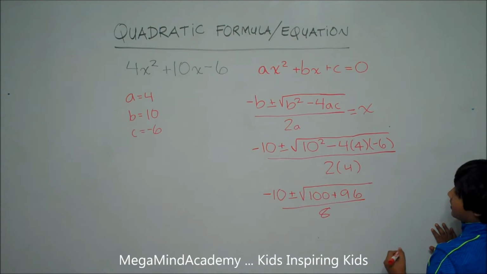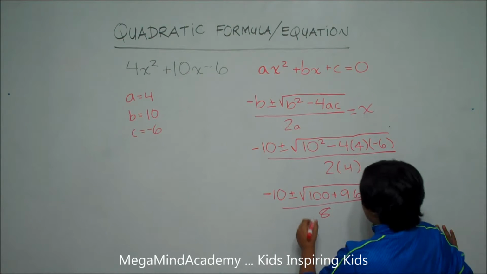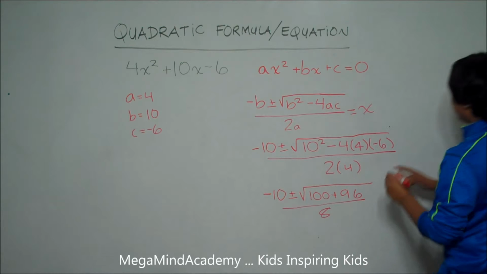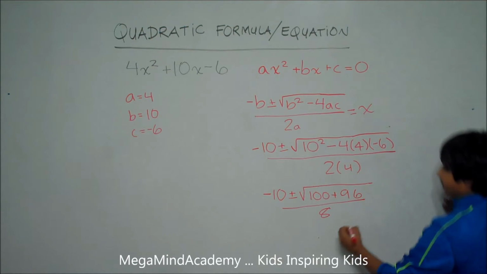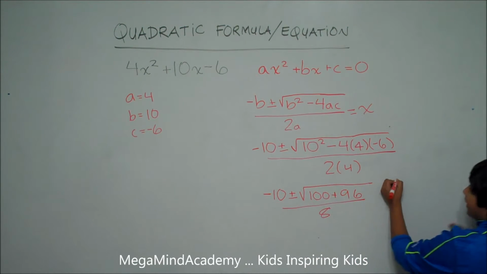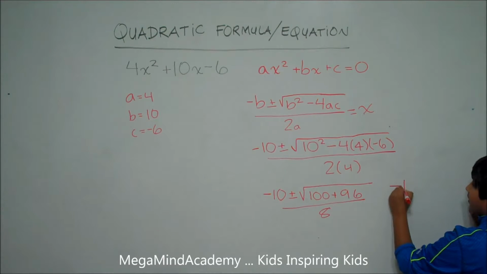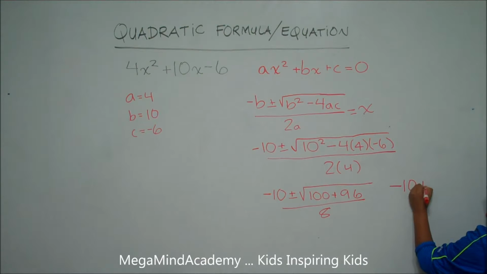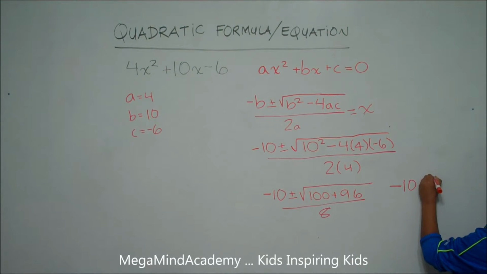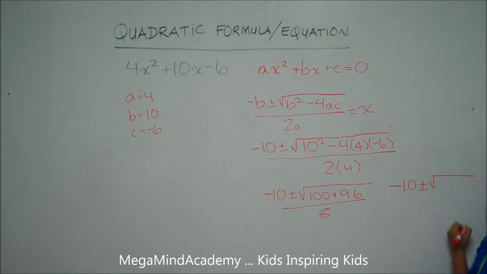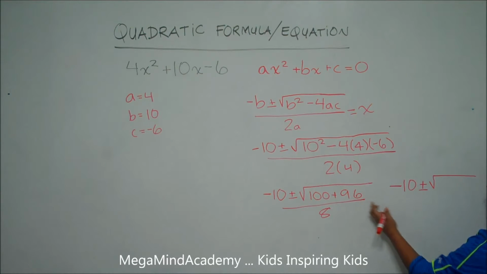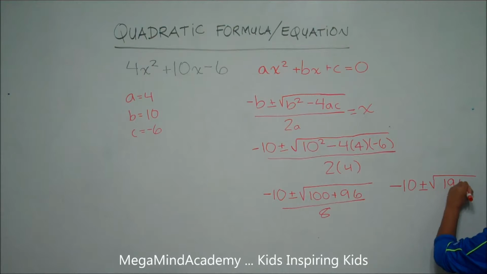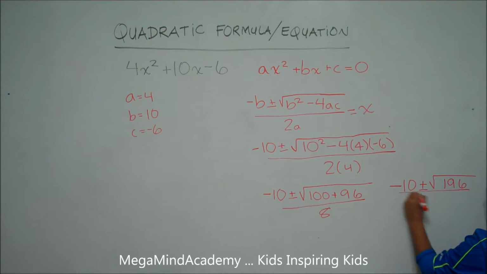Now, we can still simplify this. So, we would have negative 10 plus or minus the square root of 100 plus 96, which is 196, over 8.